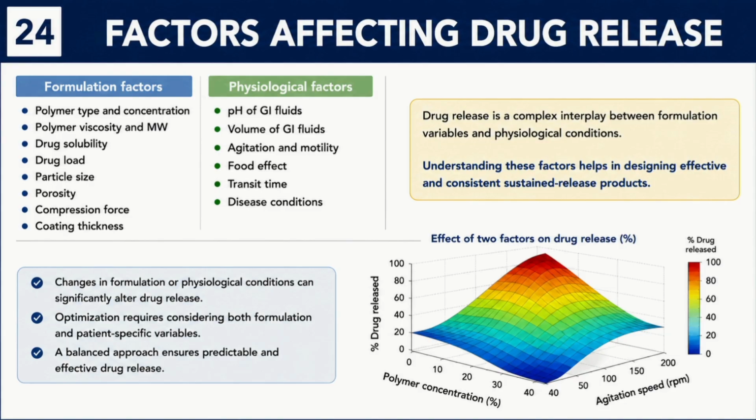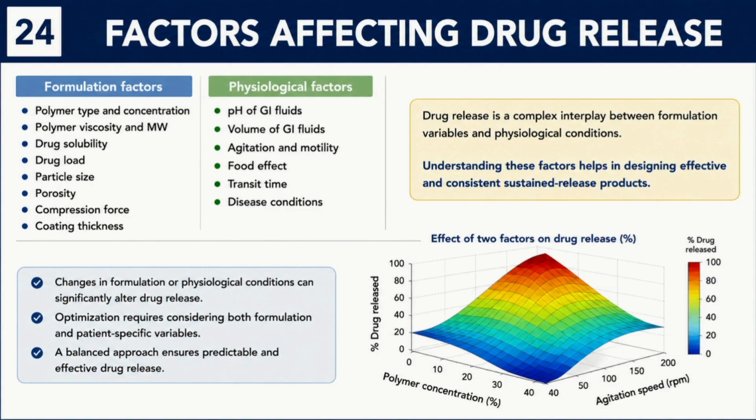So factors affecting the drug release. Several formulation and physiological factors influence the sustained release here. From the formulation side, we consider polymer concentration, polymer molecular weight, viscosity, particle size, porosity, drug solubility, drug loading, compression force and coating thickness. So all these factors need to be considered.